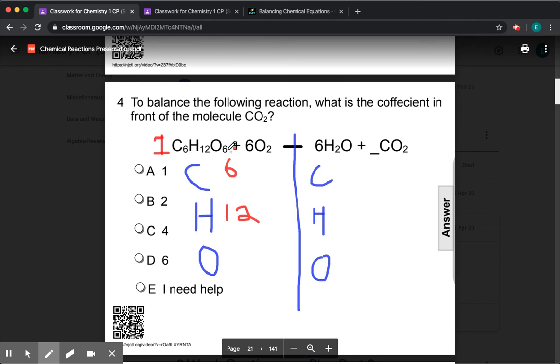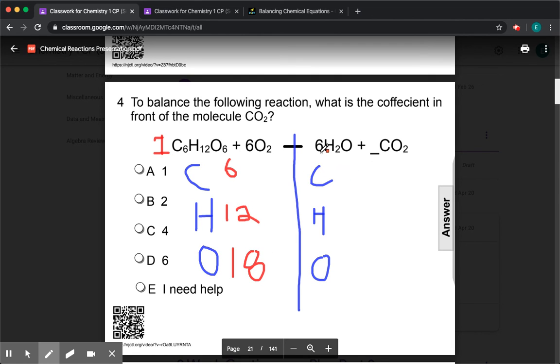We have 6 oxygens from this chemical, and then you get 12 from here. 6 times 2 is 12. That's where the 12 comes from. 12 from here plus the 6 here is 18. So on the left side right now, we have 6 carbons, 12 hydrogens, and 18 oxygens.